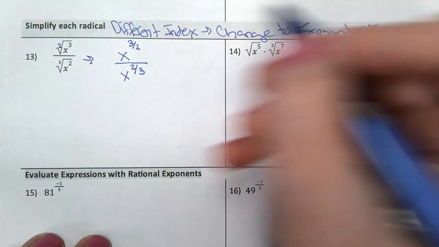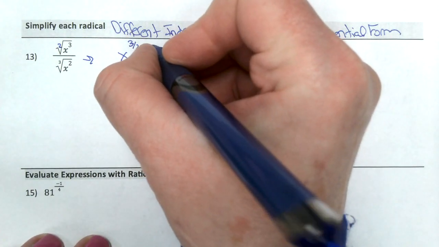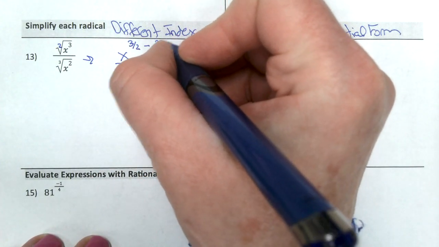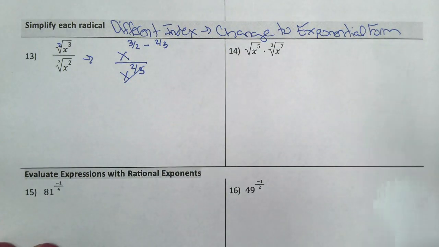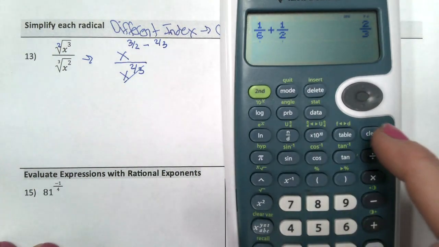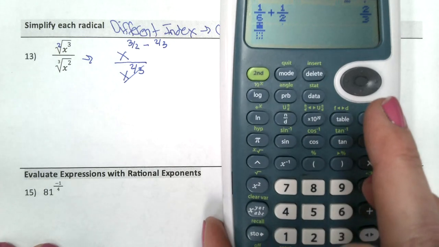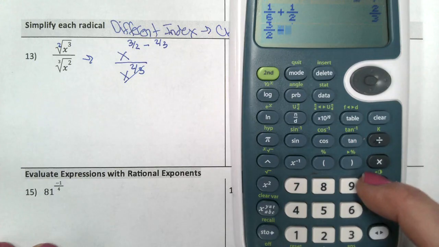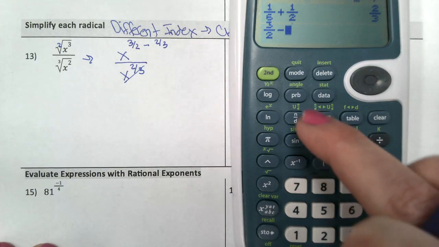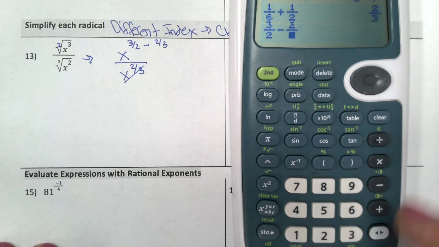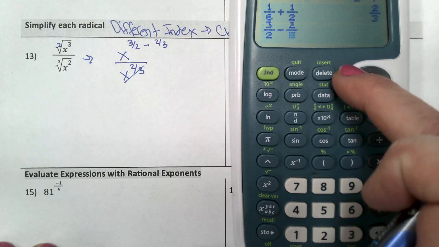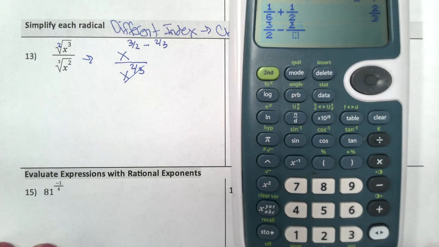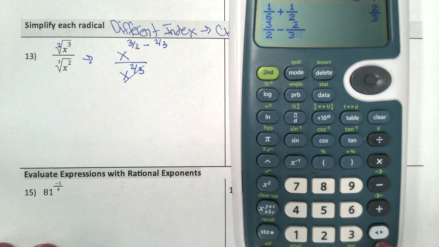So when you divide, you subtract. So I'm going to subtract 2/3 there. So in my calculator, I have 3/2 minus 2/3 equals 5/6.